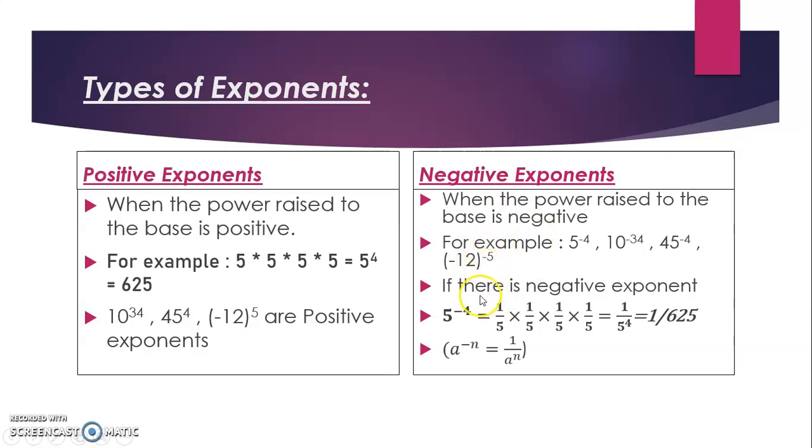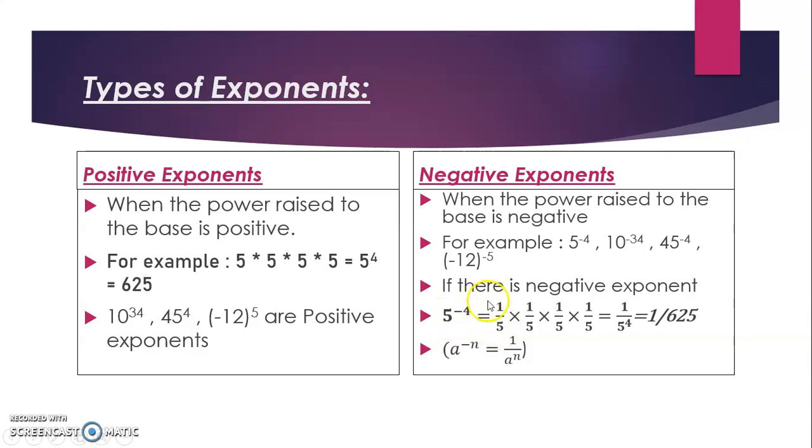Suppose there is a negative exponent, 5 raised to the power minus 4. You know how to expand 5 raised to the power positive 4 in the form of multiplication, but how to expand the negative powers? You have to expand this in reciprocal.